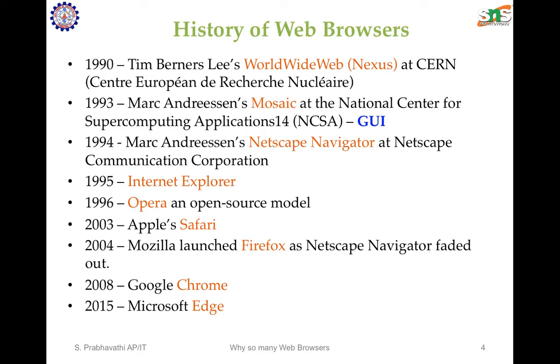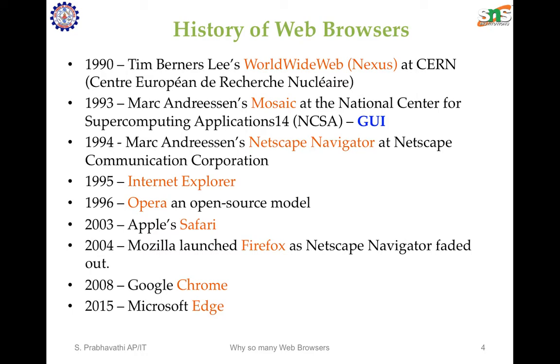The period from 1994 to 1997 marked the dominance of Netscape as several versions of its browser were released. The first web browser developed by Netscape was called Netscape Navigator, or simply Netscape, which supported advanced HTML tags and multiple TCP/IP connections.